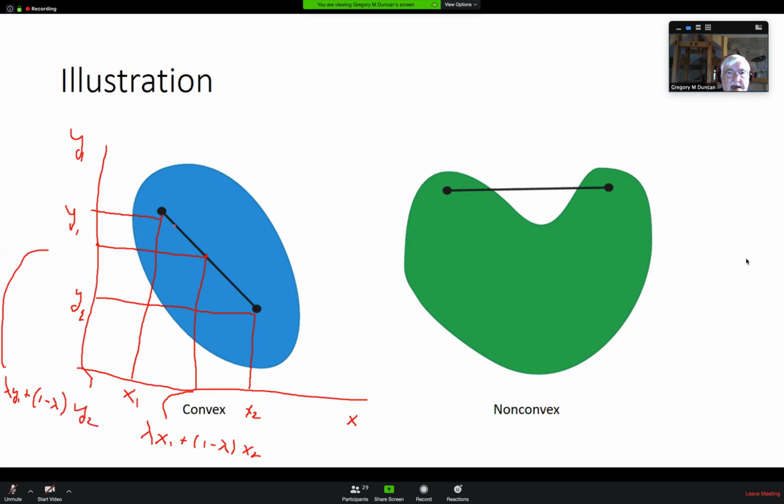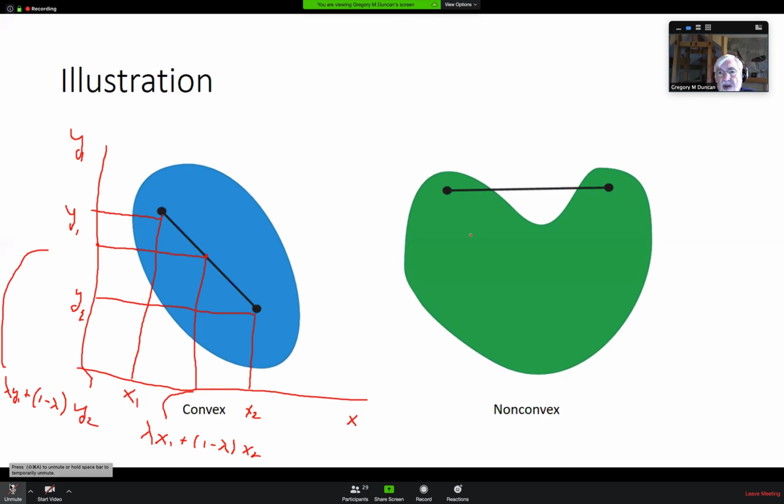If I move to a point here, it means that the lambda has changed. If lambda is equal to 1, I get this point. If lambda is equal to 0, I get this point. And so everything along this line is in this blue set. And I can't pick any two points and any lambda for which that's not the case.